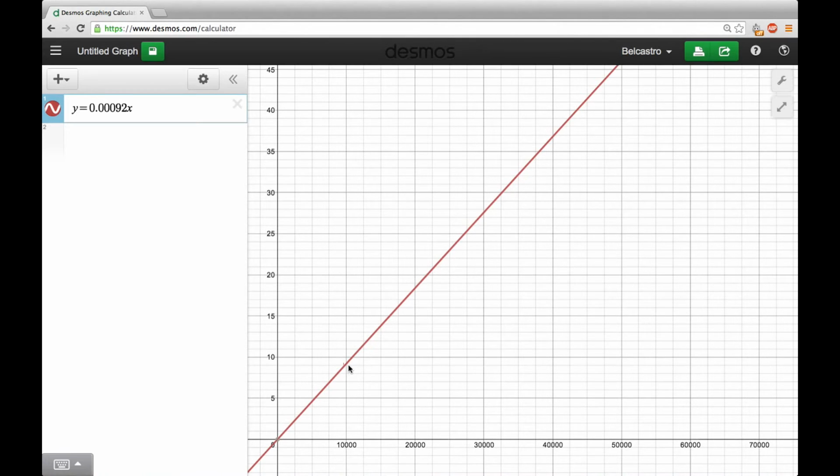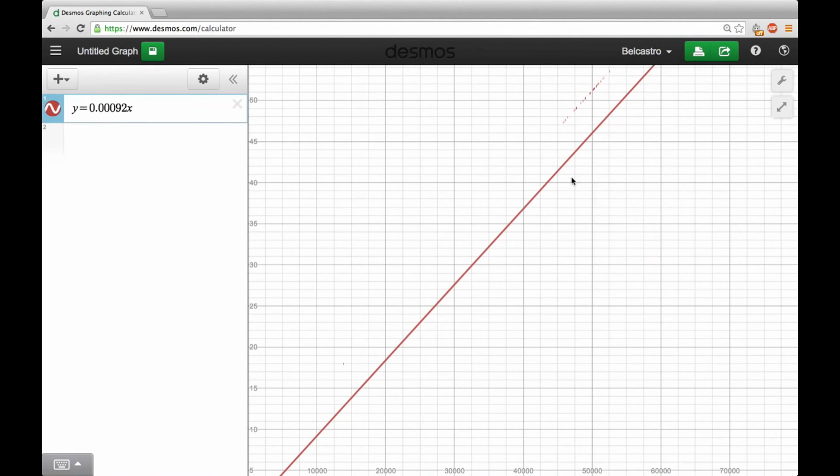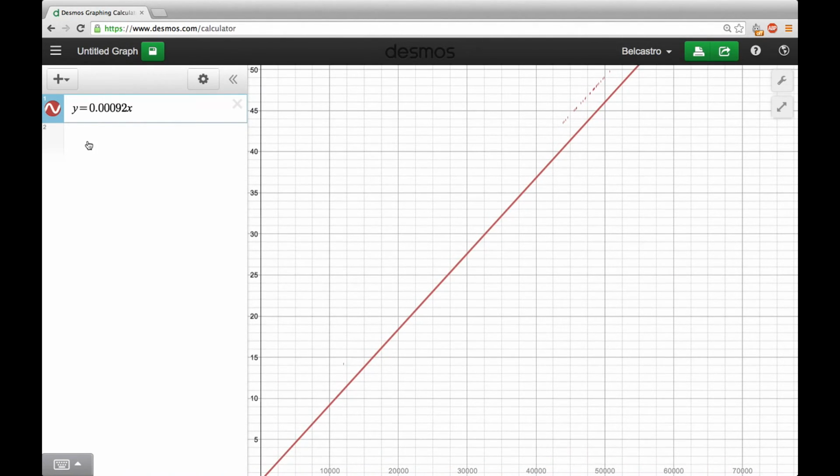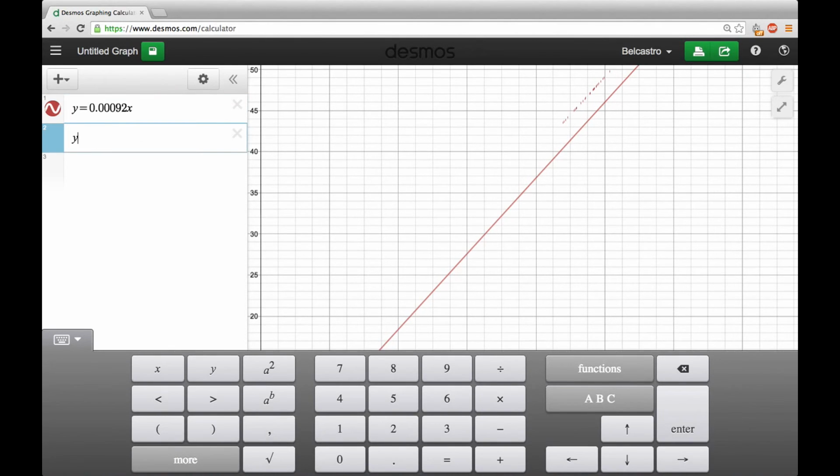What we need is to figure out at $46, okay? So in other words, that's some value up here, and I could just run along this to see. There's 42, 43, okay? But it'll probably be a lot more helpful if I use a point of intersection, y equals 46, okay?